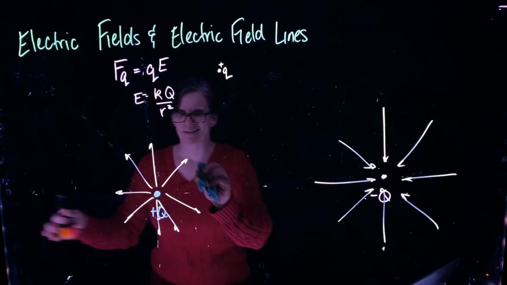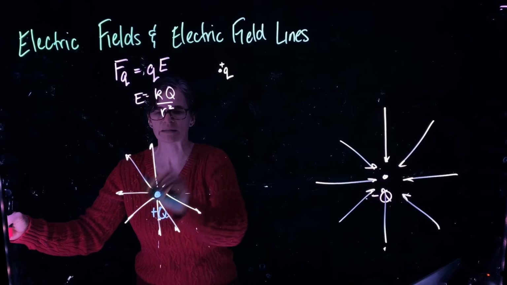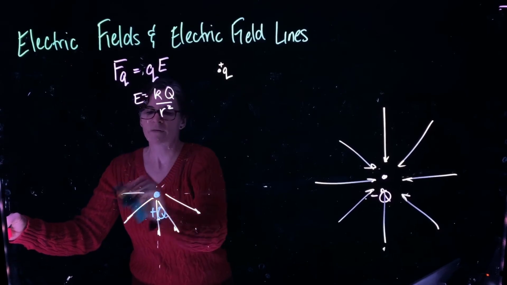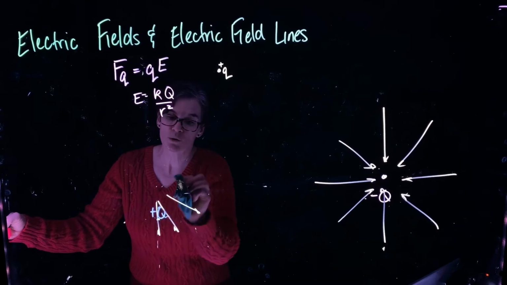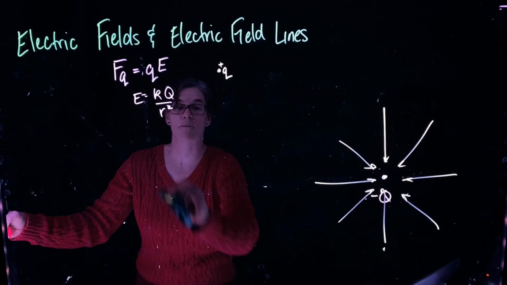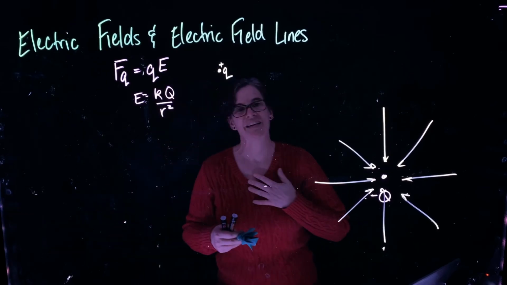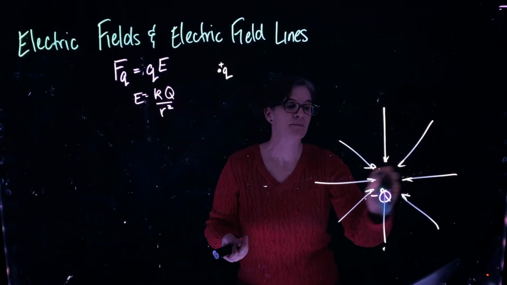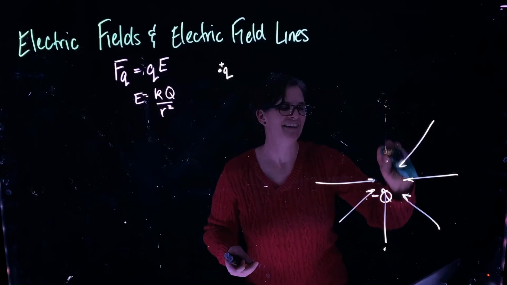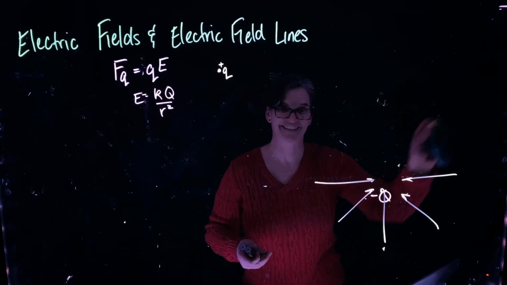How do the field lines, how is the space influenced with two charges in the same space? Well, similar to how a charged particle experiences a force in the presence of multiple charges, the electric field is impacted through that superposition idea of multiple fields.